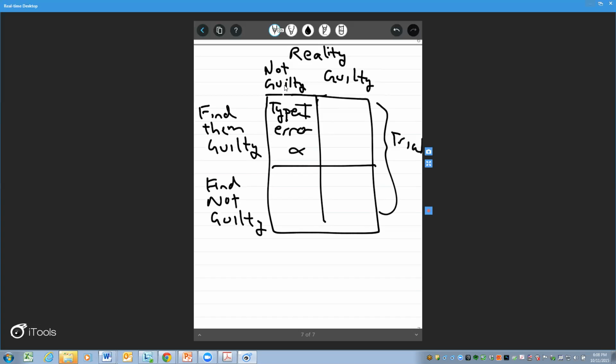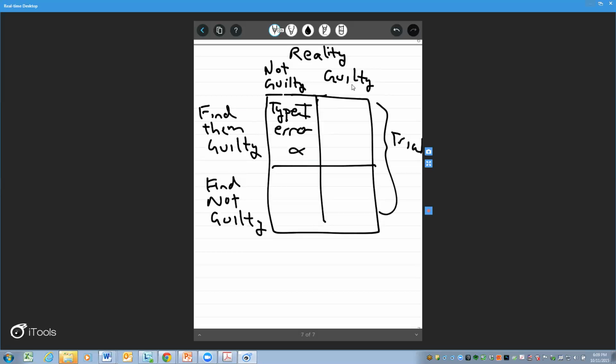It doesn't have to be that they are 100% positive that this person was guilty of the crime, but it has to be beyond a reasonable doubt. The beyond a reasonable doubt means that we've set a very high threshold for convicting somebody. So we've made this chance of finding an innocent person guilty very, very small. So we've set alpha to be very small because we do not want this type of error to happen.